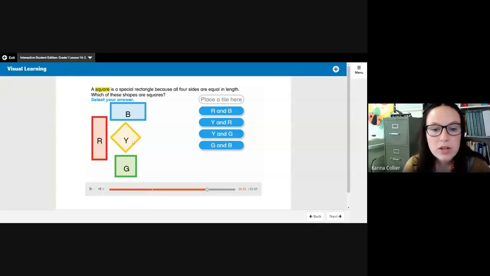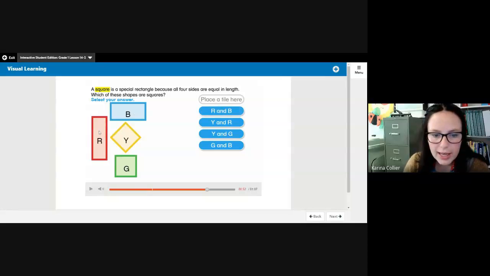But it wants us to find which ones are the squares. Well, we know that R, the red shape, is a rectangle. So I know that any of my answer choices that have an R are not going to be what I'm looking for.